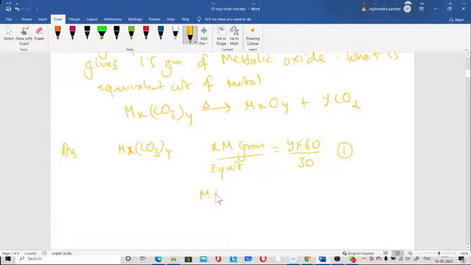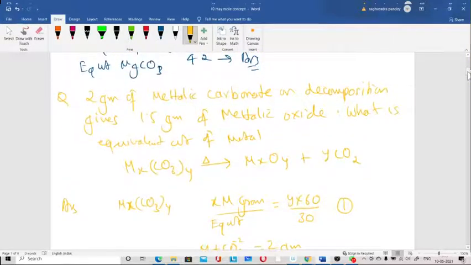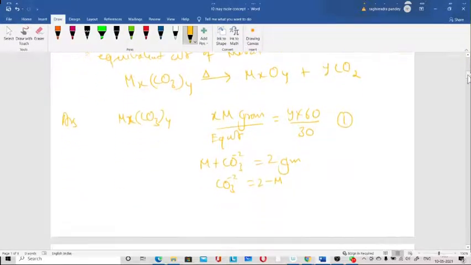Now you see, metal plus carbonate weight is your 2 gram. So carbonate weight I can write as 2 minus metal weight. So total weight of metal and carbonate is 2 gram.